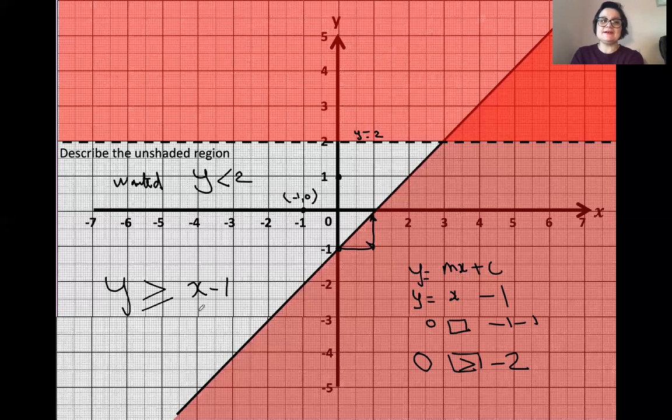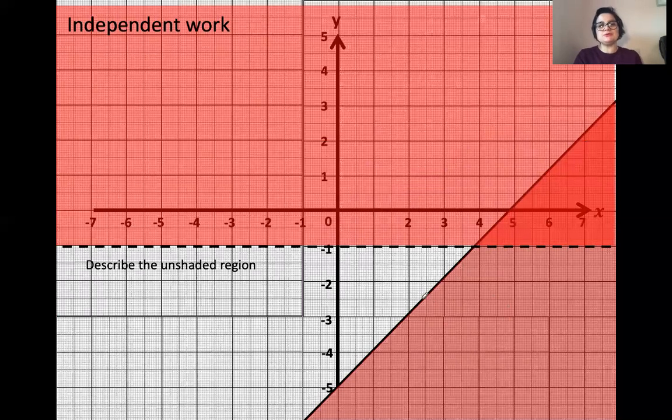All right? Now, here is something for you to work independently. So remember, find the equation of a straight line and then try to figure out by substituting in the unshaded area, what does it satisfy? Same one here. You need to find the equation of a straight line.